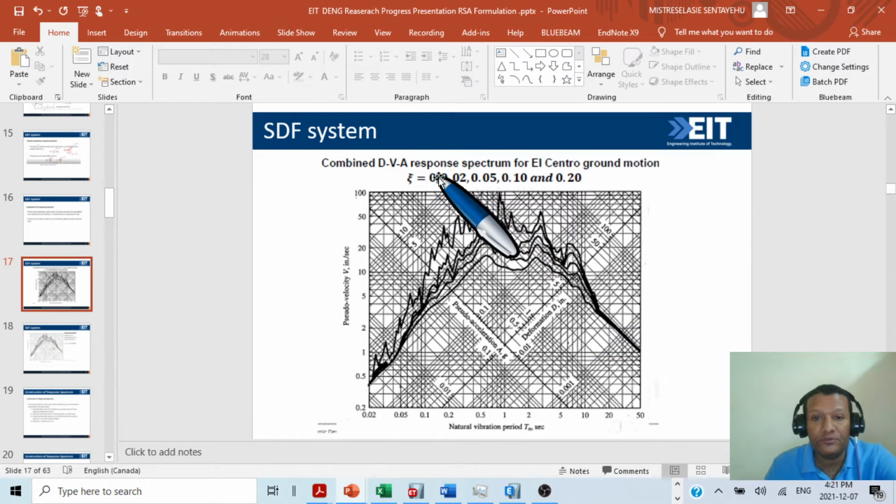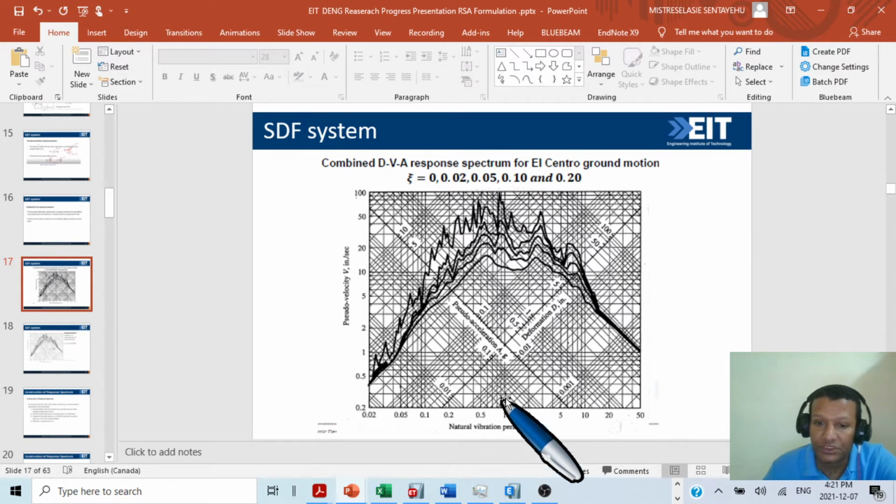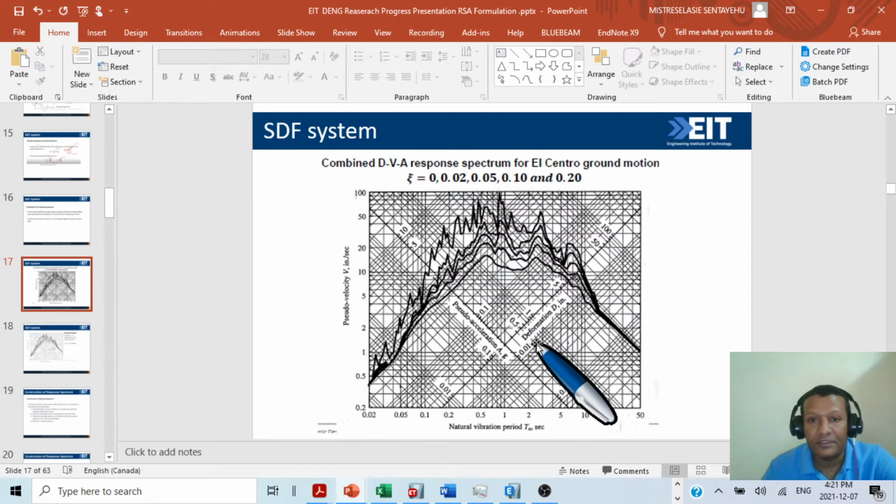If your structure, for example, has a 1 second natural vibration period, then we just go up and check the damping. The higher one is the undamped curve, and the lower one is the 0.2 damping curve. So we can continue like this: 0, 0.02, 0.05, 0.1 and 0.2.